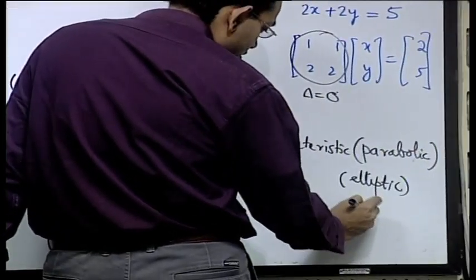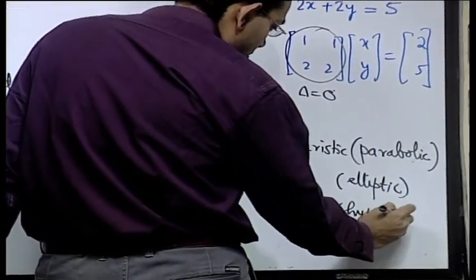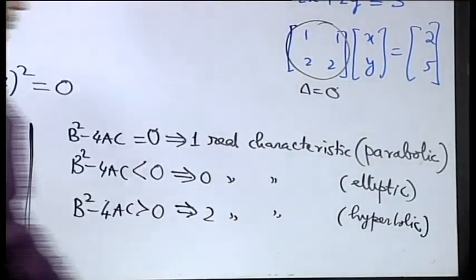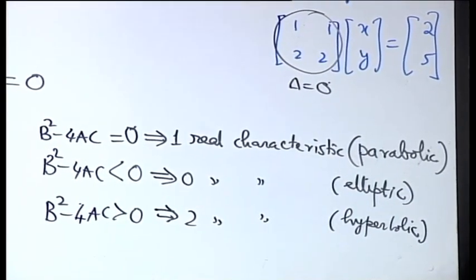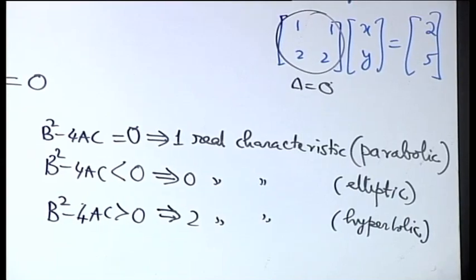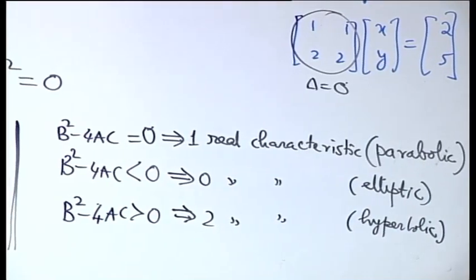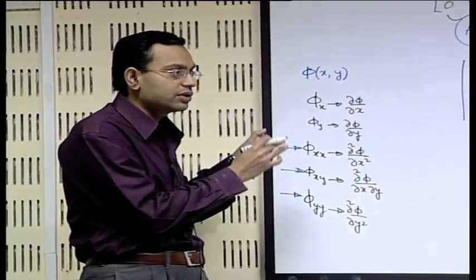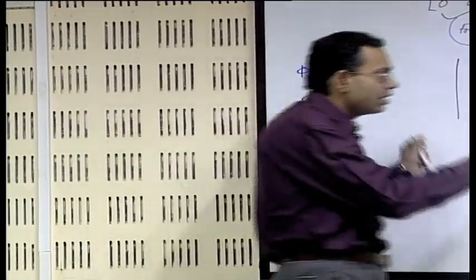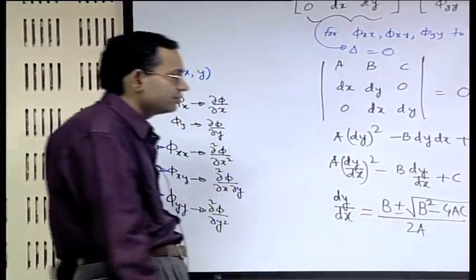This is known as a hyperbolic partial differential equation. Remember, this classification is only for second order partial differential equations. So, do not try to generalize it for higher orders, because we are mostly confined up to second order partial differential equations in the context of computational fluid dynamics. So, this is very much pertinent for our discussion.